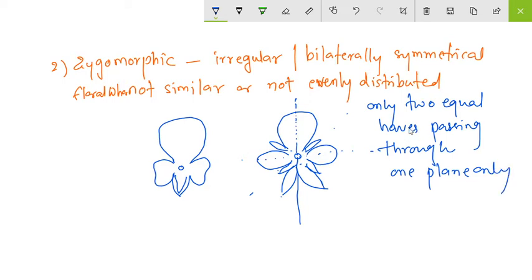Okay, so it produces only two equal halves. And those two halves are produced when we cut the flower passing through the one plane only.